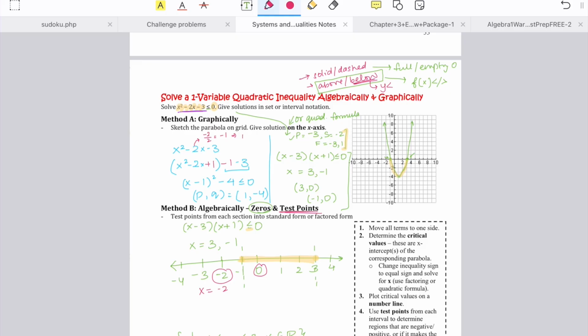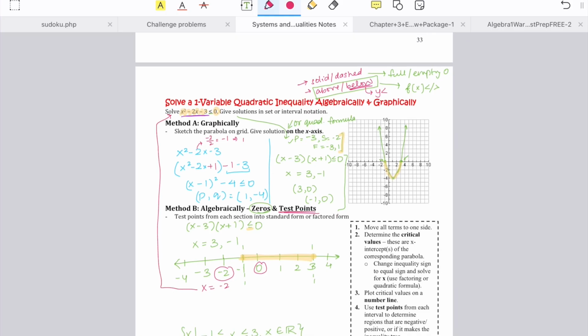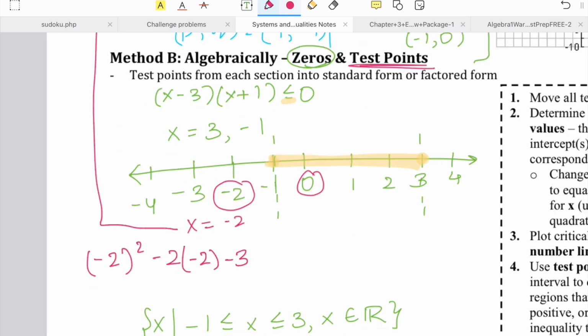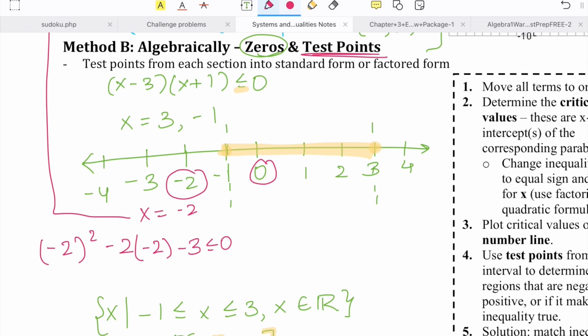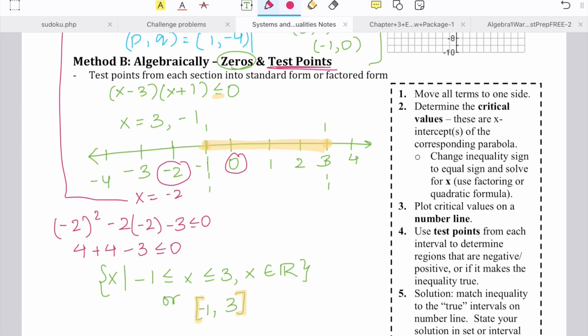Always put your test points in the original equation, you guys. So (-2) squared minus 2 times -2 minus 3, and it should be less than or equal to 0. So let's see that. So (-2) squared is 4 plus -2 times -2 is positive 4 minus 3 is less than or equal to 0.